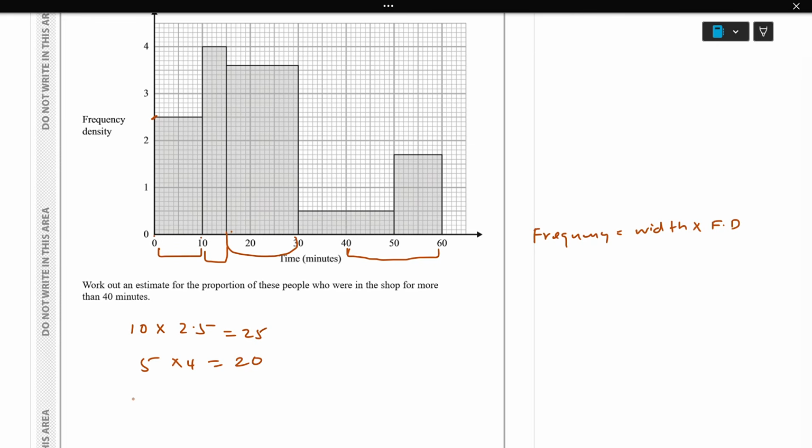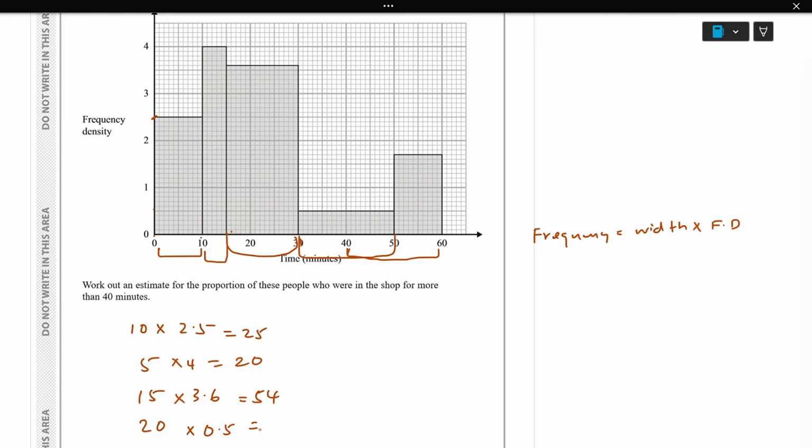Next duration is going to be only 5, this one. So 5 times 4, which is equal to 20. Next one is going to be here to here. This is 15. 15 times the top is like 3.6, equal to 54.